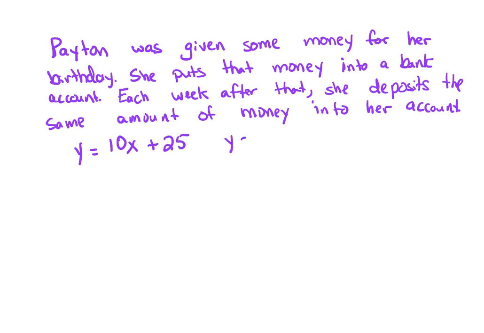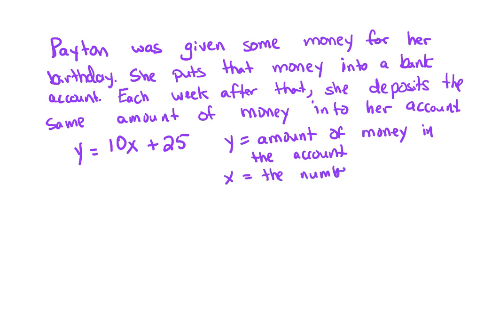Here, y is going to be the amount of money in the account, and x is going to be the number of deposits, or the number of weeks that she deposits money into her account.